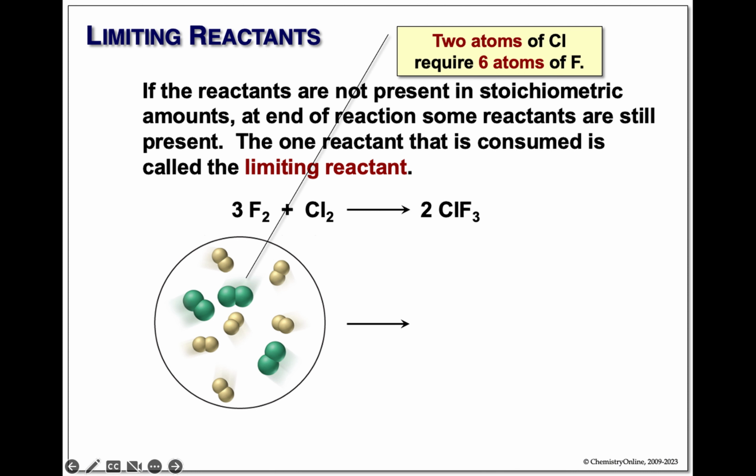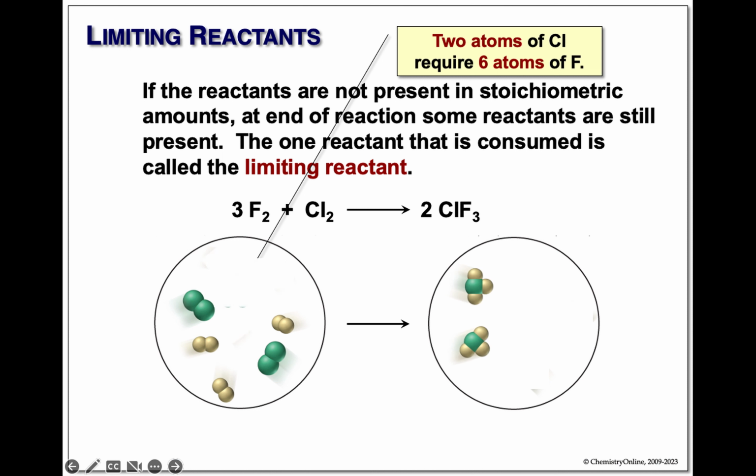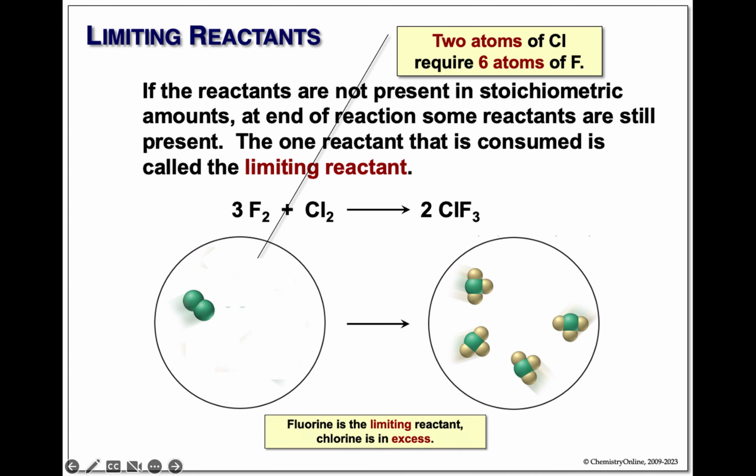We see that 2 atoms of chlorine require 6 atoms of fluorine. Okay? So, let's take 2 atoms of chlorine, 6 atoms of fluorine, and make 2 products. All right, we still have stuff left, don't we? Let's take 2 more chlorines, 6 more fluorines, and we're done.